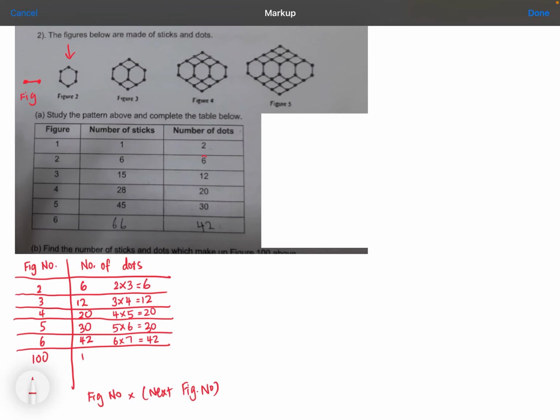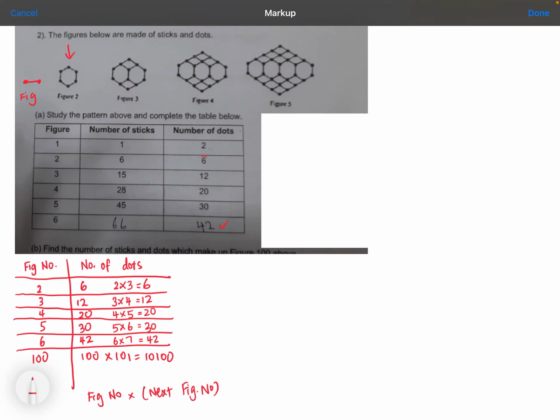In this case, it will be figure number 100 times the next figure number, 100 times 101, which gives you 10,100.